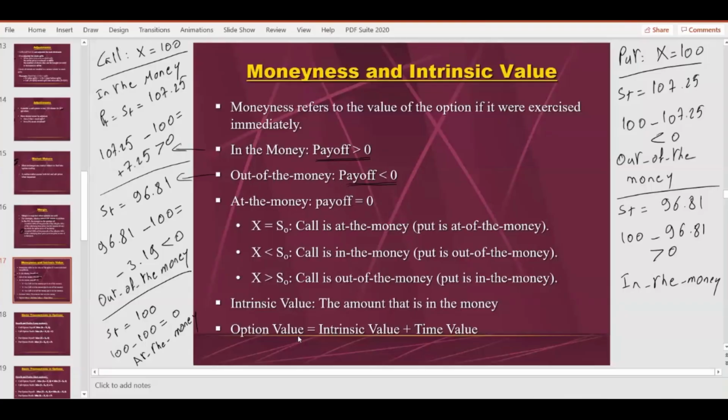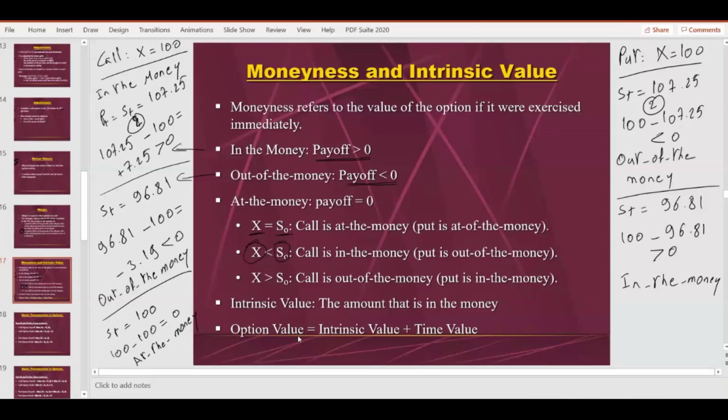So now, for the conditions: an option, whether it's a call or a put, is at the money if X is equal to the stock price, to S0 at time t equals 0, or to ST at any point in time between time equals 0 and the expiry date of the option. Now, in case X was less than S0, like in this first case here, I will call it case number 2, where X is equal to 100 and S is equal to 107.25.